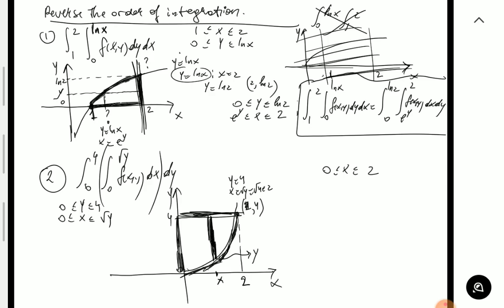So y by itself is y equals x squared, which goes all the way up to y equals 4. So y is between x squared and 4. And therefore, the same integral is now from 0 to 2 on the outside, x squared to 4 on the inside, dy and then dx.